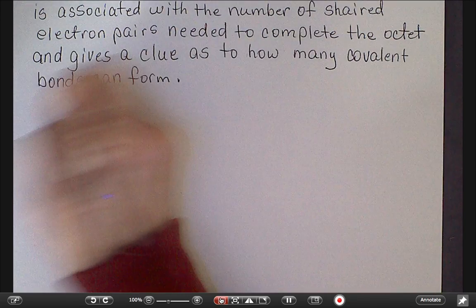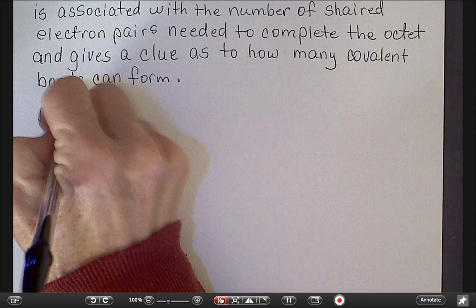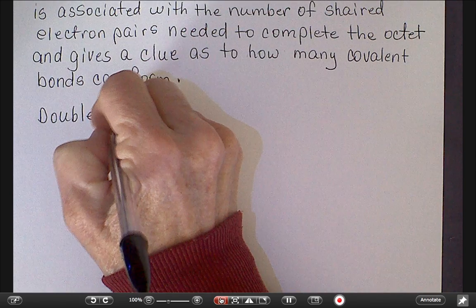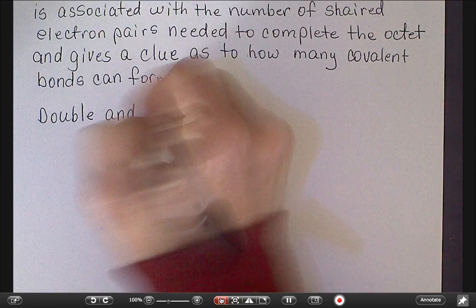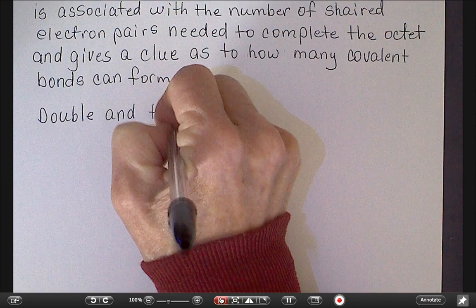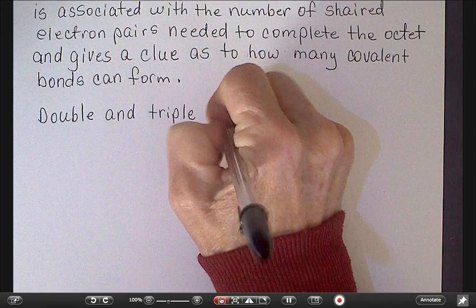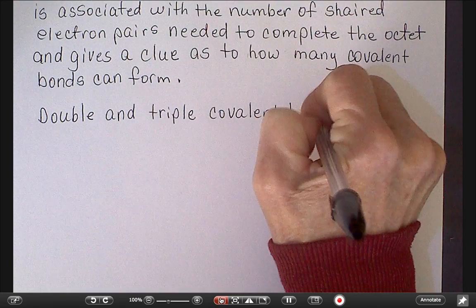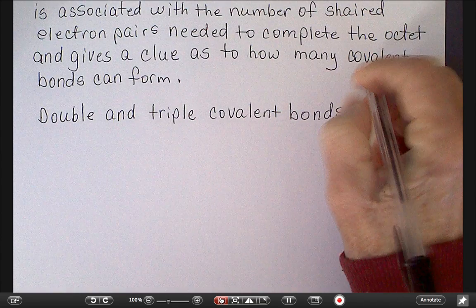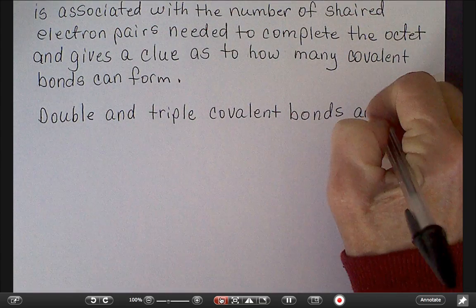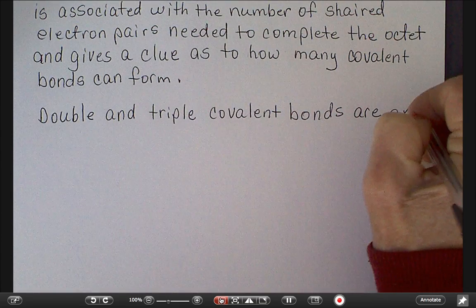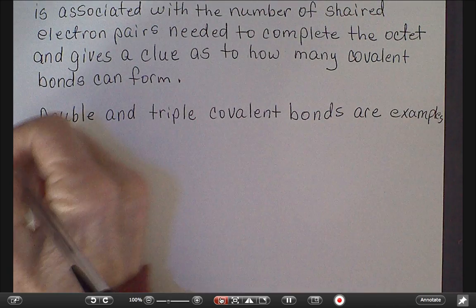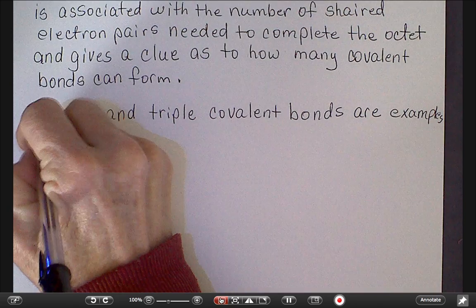Double and triple covalent bonds are examples of multiple bonds.